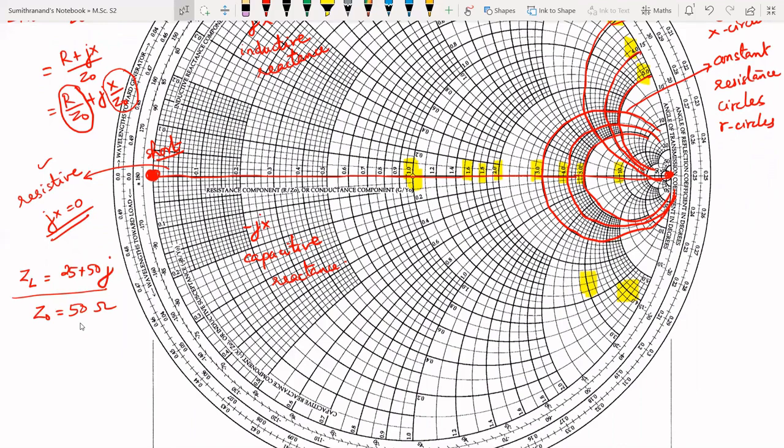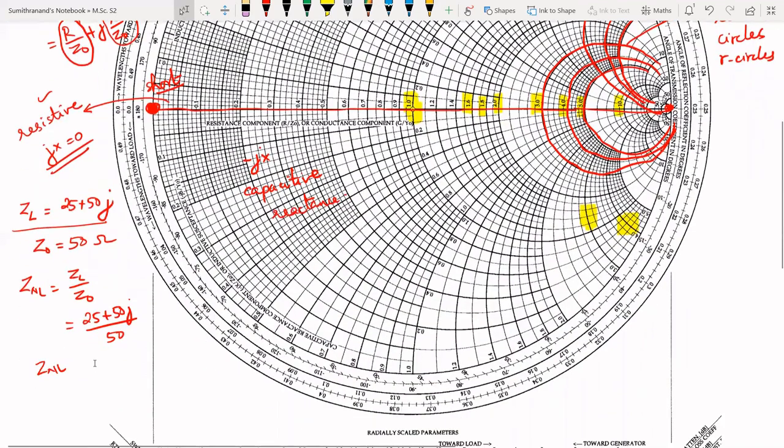Then our normalized load impedance, that is ZNL, can be represented as ZL by Z0, that is, 25 plus 50J the whole by 50. It is given by 25 by 50, which is 0.5, plus 50 by 50, which is 1, so J.